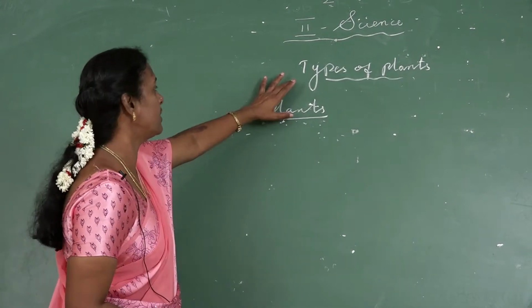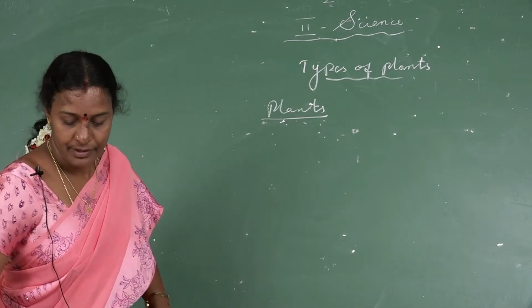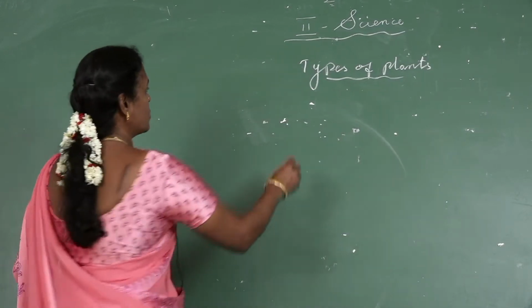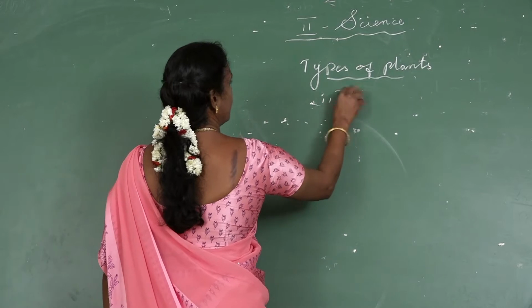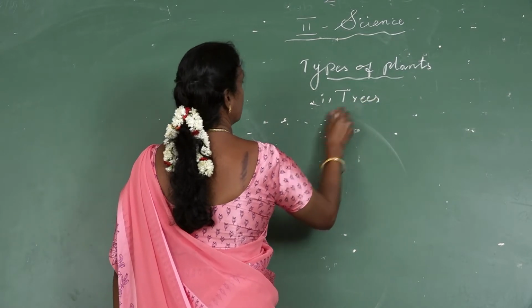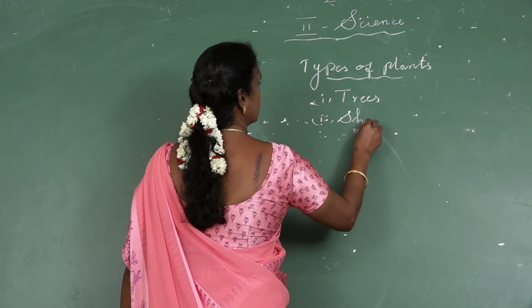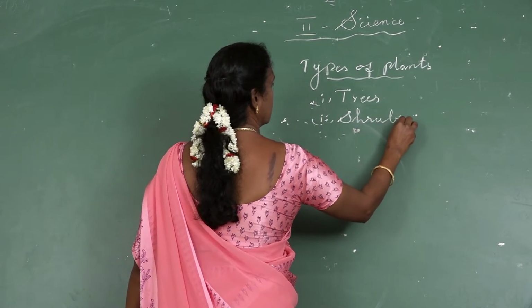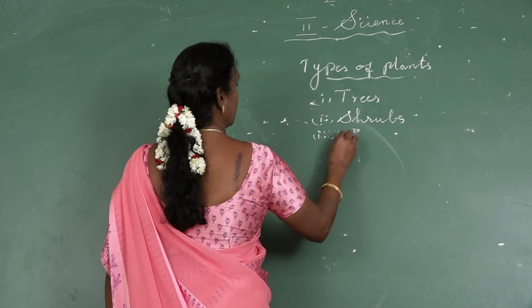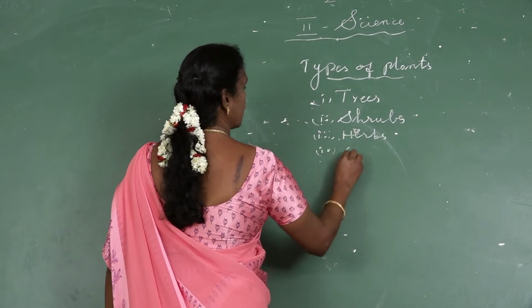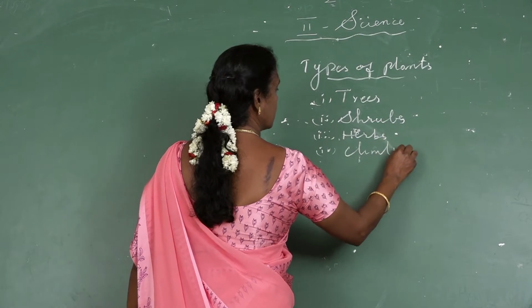Okay, I am going to talk now about types of plants. First one, trees. Second one, shrubs. Third one, herbs. Next, climbers.